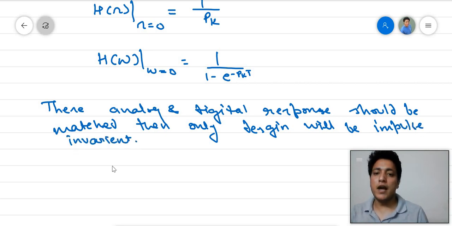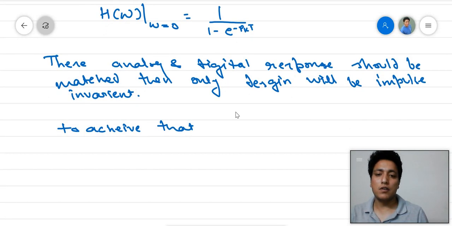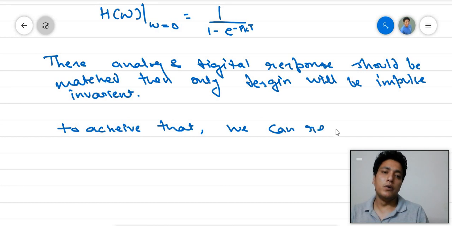To achieve that, we can do one thing: we can reduce the sampling interval.